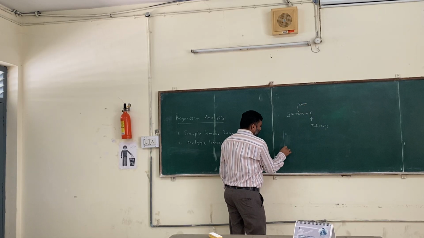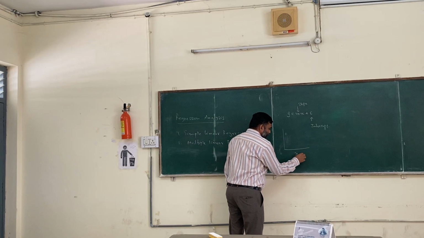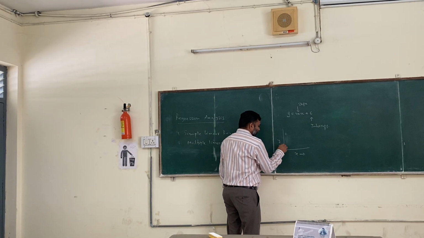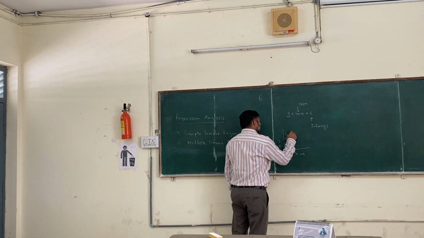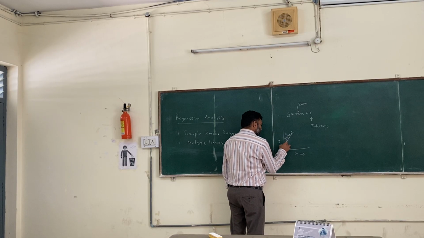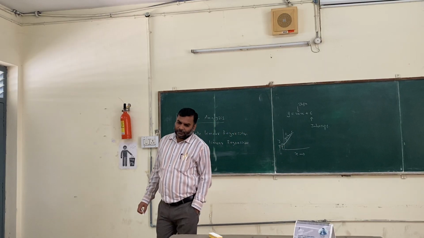When you make the graph on graph paper, in the x-axis you keep x and in the y-axis you keep y, and the line is y is equal to mx plus c, and this c is nothing but the intercept.